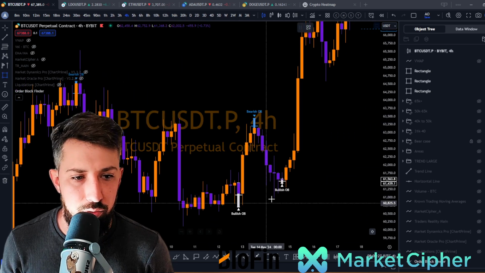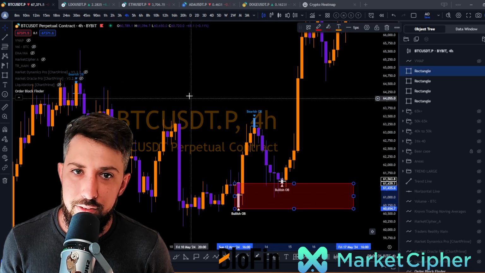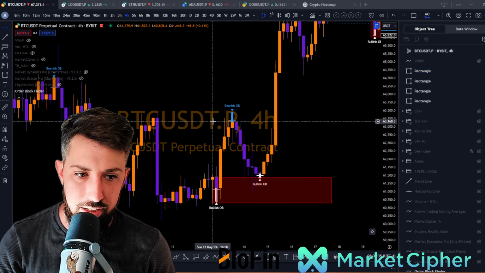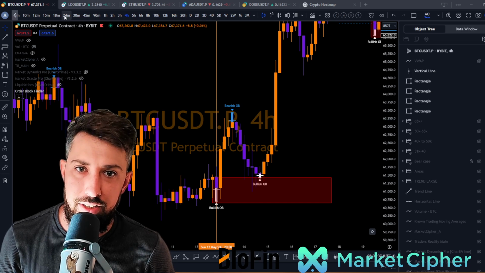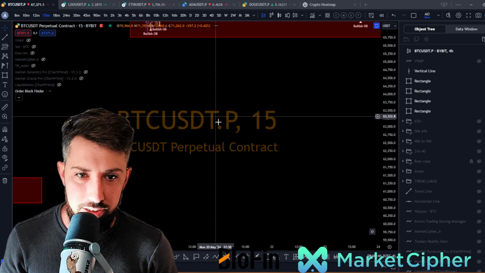Look how beautifully this one worked here. You've got this big cluster of price action within here. Now that is massive in comparison to what is actually in here if we go into like a 15-minute time frame. So I have marked that out vertically so we can find it on our chart here.